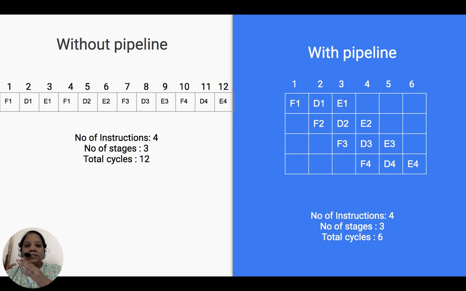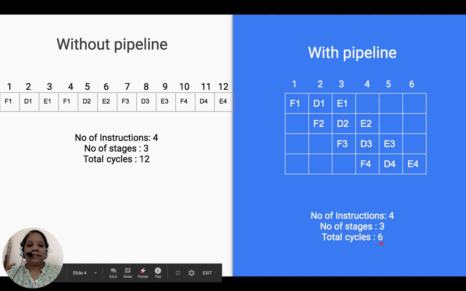Once one instruction undergoes three stages, every other instruction takes only one clock cycle to complete its execution. That is one of the major advantages of a pipeline processor. Here you can see the total number of clock cycles taken to execute the same four instructions, which undergo three stages of execution, is 6 clock cycles.